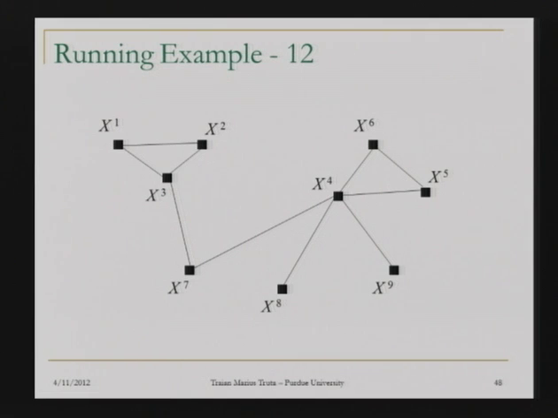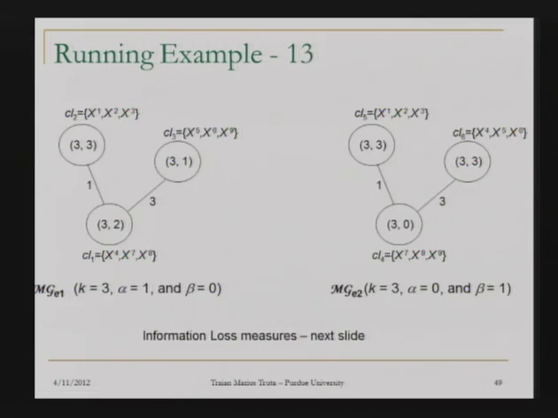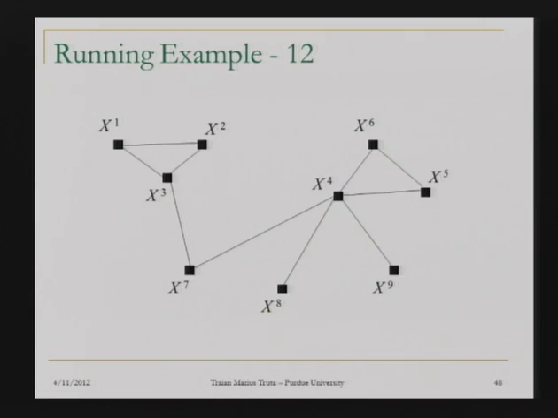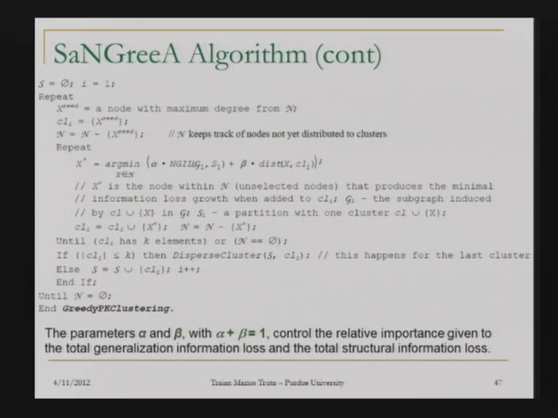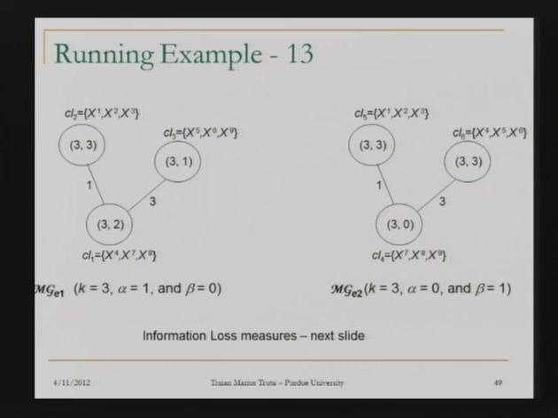Now, for this running example, we run this algorithm. The first part is we optimize: alpha equal 1 means we look only at the node attribute values. Alpha equals 0, we look only at the node structure. So the left graph is the one that optimizes generalized information loss, and the right one optimizes the structure information loss.